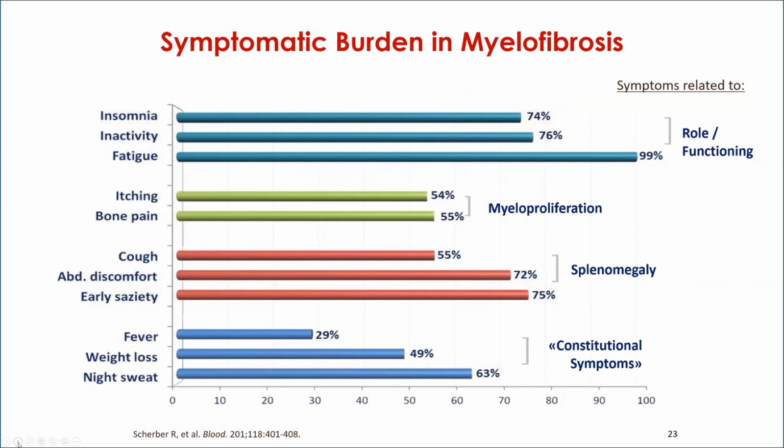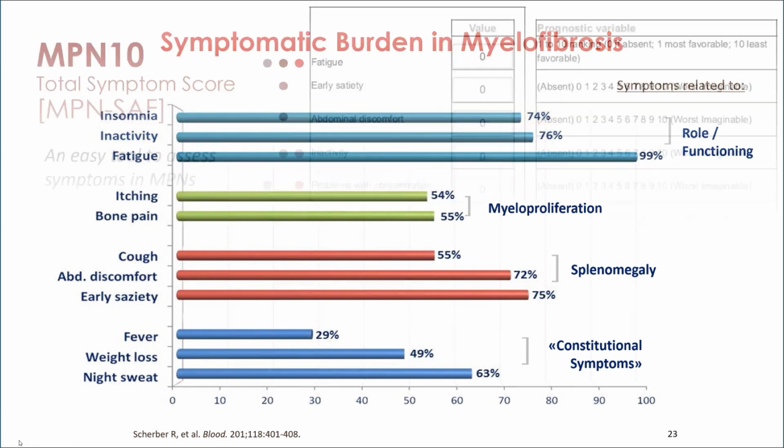So, not to dwell much more on that, let's go to the management. Symptomatic burden is high in patients with myelofibrosis, and this is one of the main reasons why we treat the patients. Remember, general systemic symptoms, as you can see here, symptoms related to a big spleen, so organomegaly, which is symptomatic, and then symptoms related to anemia typically.